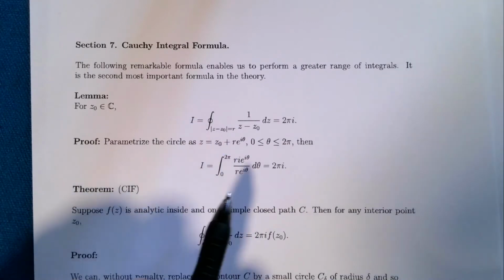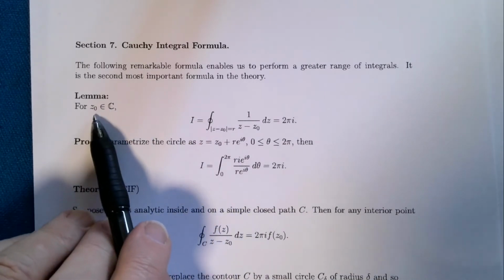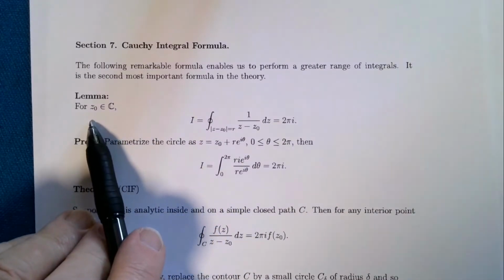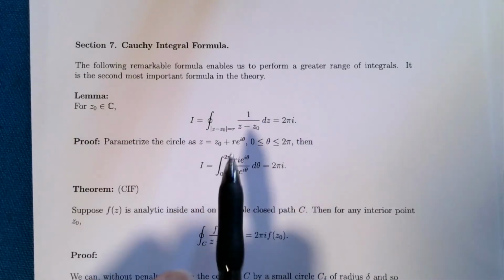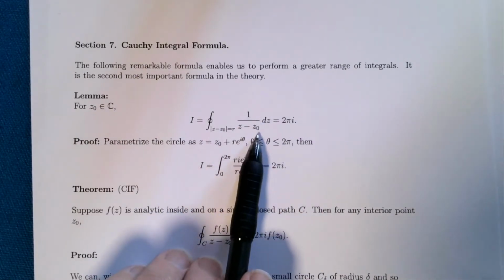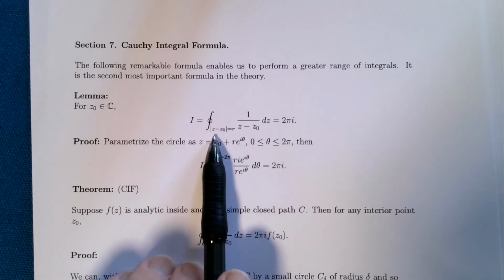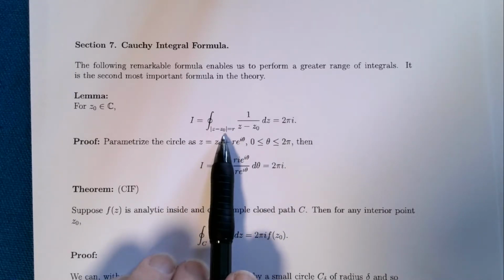We begin with a simple lemma. We take any complex number z0, and we're going to look at the integral of 1 over z minus z0 on this circle of centre z0 and radius r.